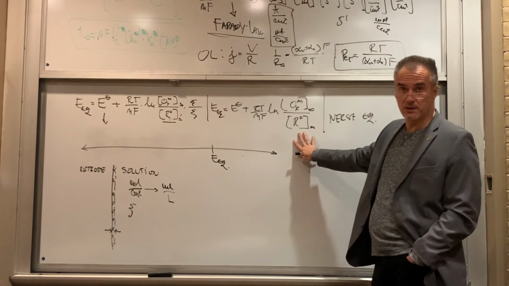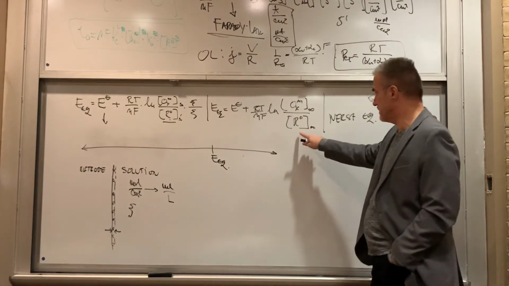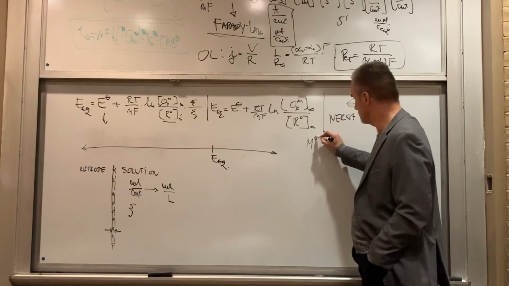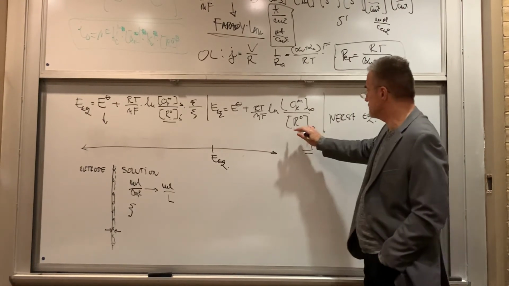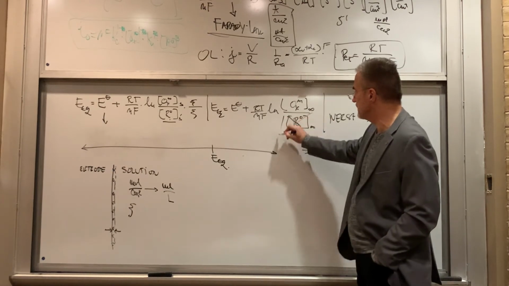Now, the activity of the bulk phase, which is basically the raw metal, is 1 by definition. So this term drops off, it's 1.